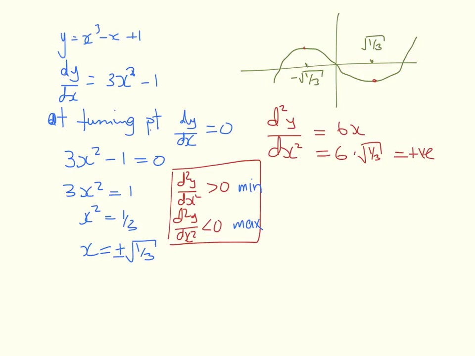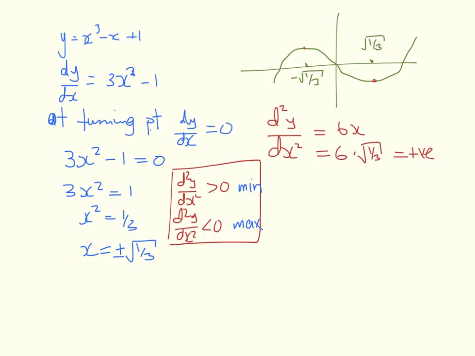It's given me a positive answer, so that tells me that this turning point is a minimum point. And that tells me that this other one is going to be a maximum, because when I multiply 6 by a negative number, my answer will be negative, so it will be a maximum turning point.